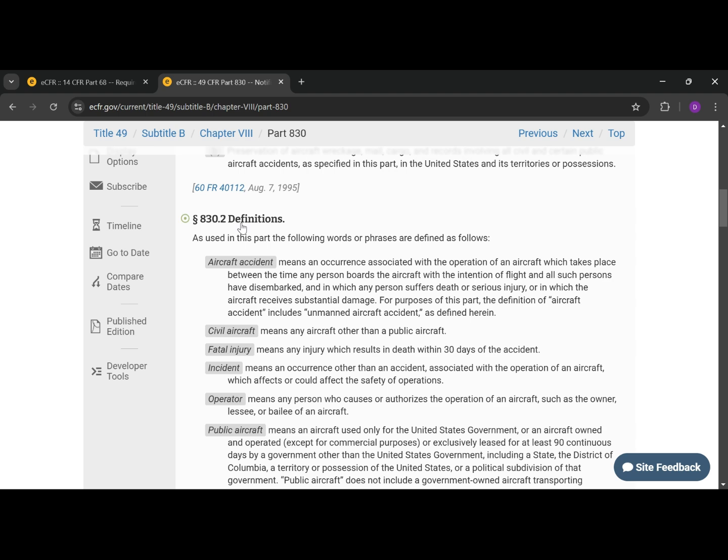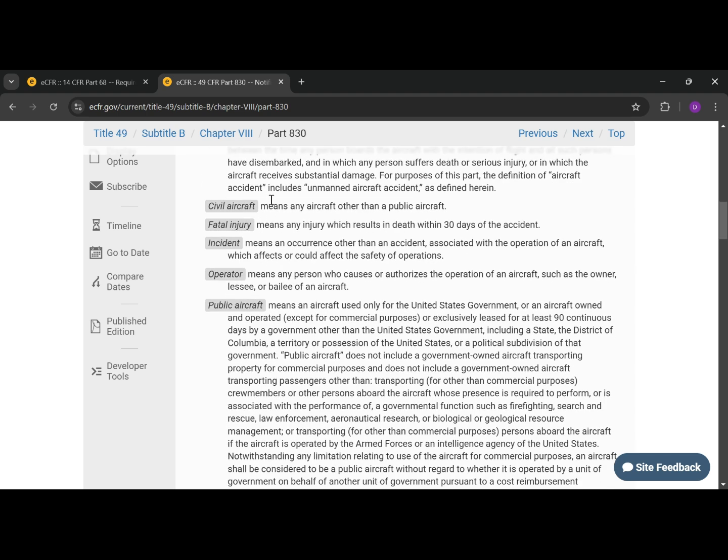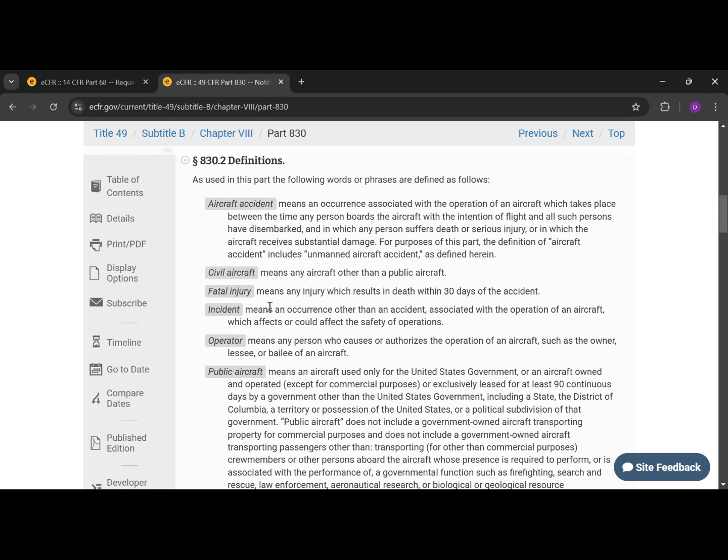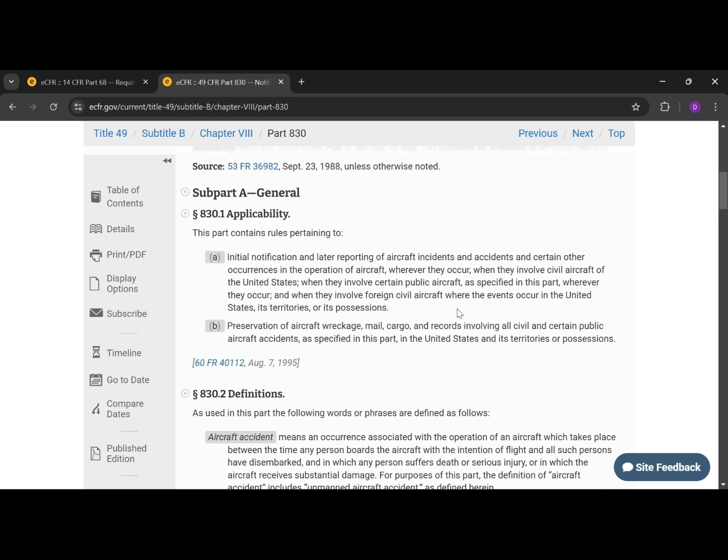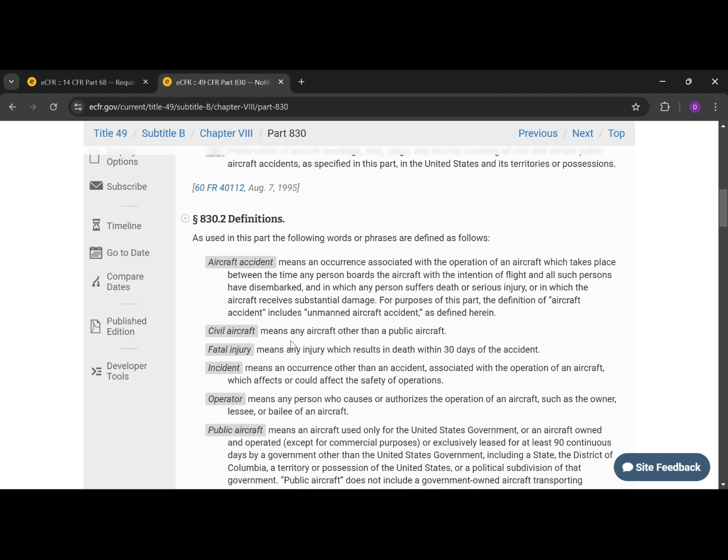832. Definitions. So in this section, they're going to give some definitions to what they just described up here. As used in this part, the following words or phrases are defined as follow.